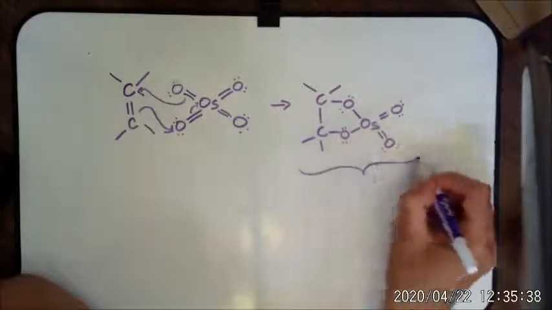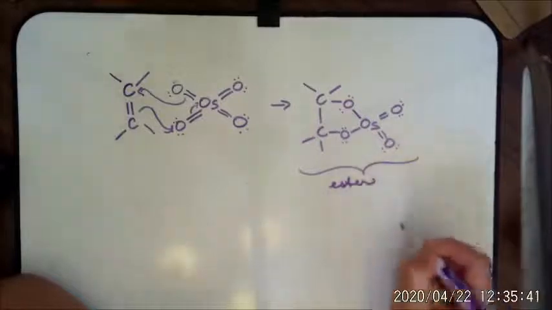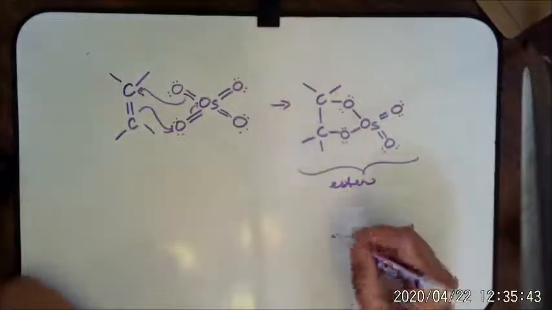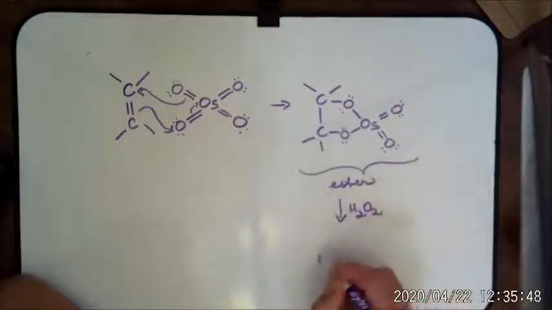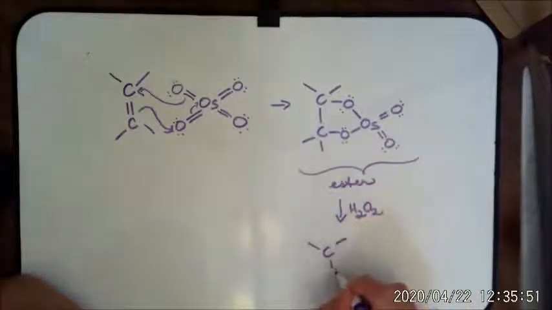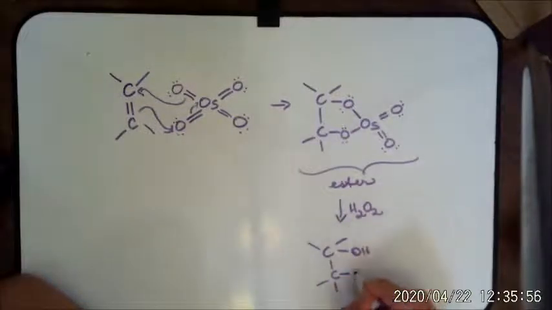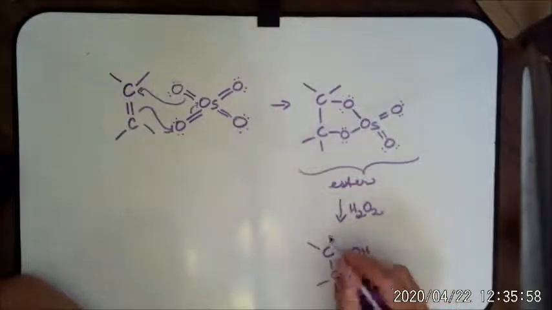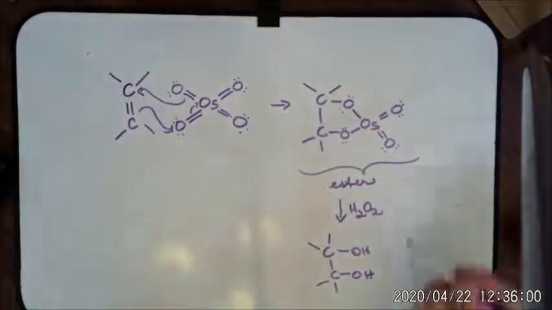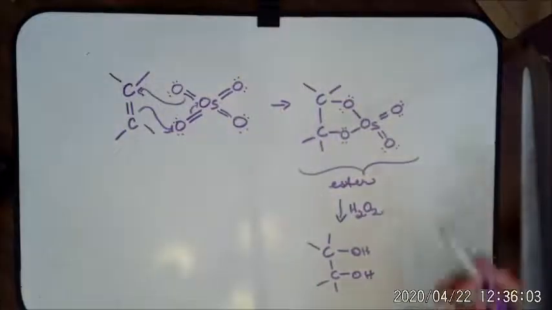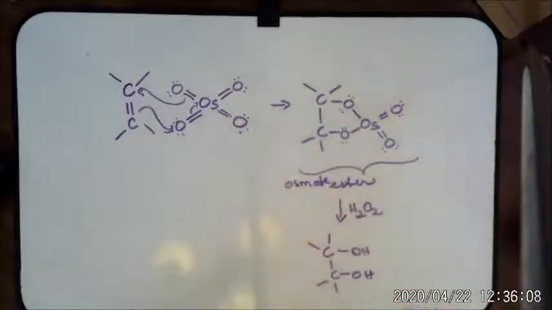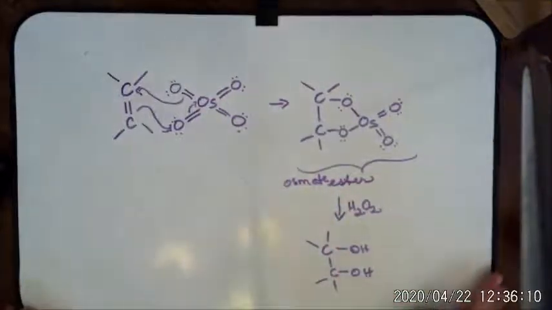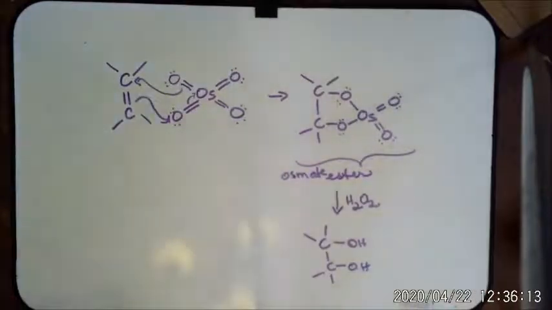So this is the ester that you're going to use, which then, upon addition of hydrogen peroxide, gives you your diol. Okay, so that's what you're going to look at. It's called an osmate ester.